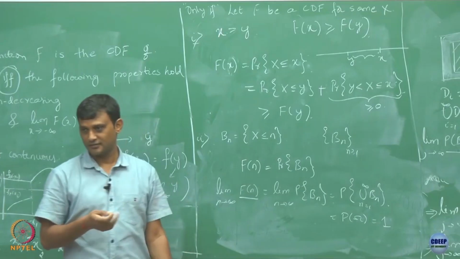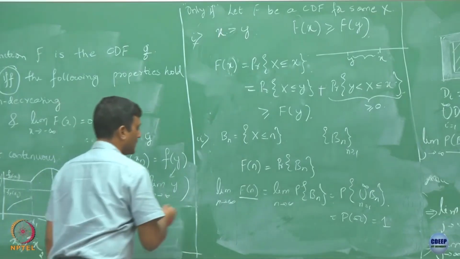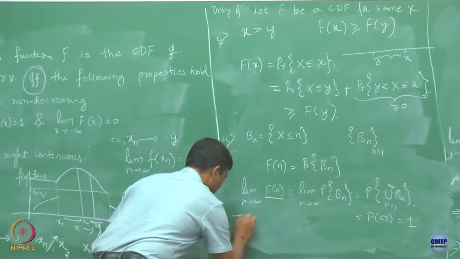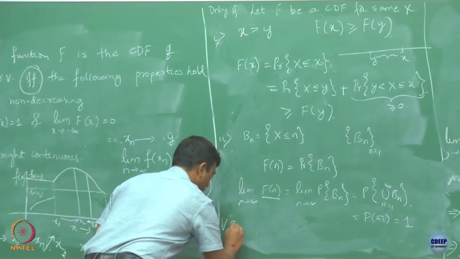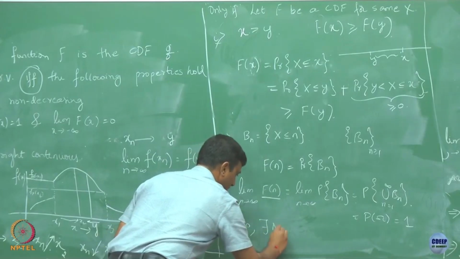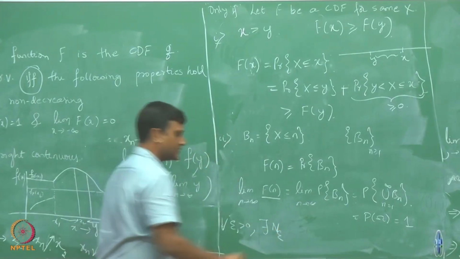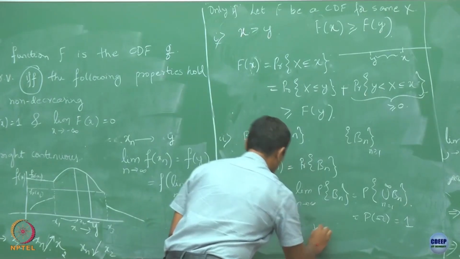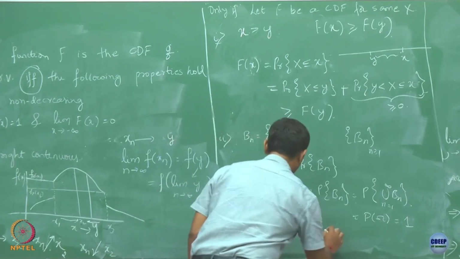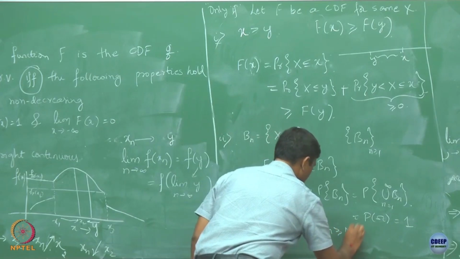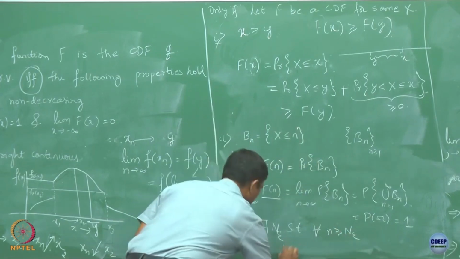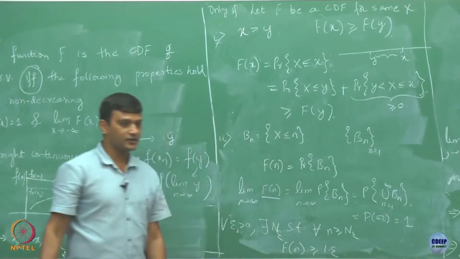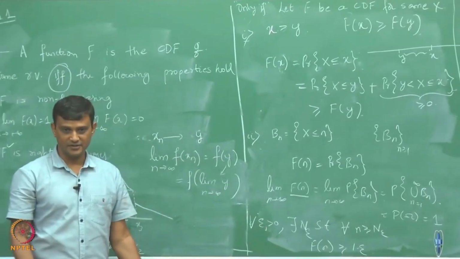So we have this definition, according to this: for all epsilon greater than 0, there exists some n epsilon such that for all n greater than or equal to n epsilon, I have F of n greater than or equal to 1 minus epsilon. This is the definition of the limit.